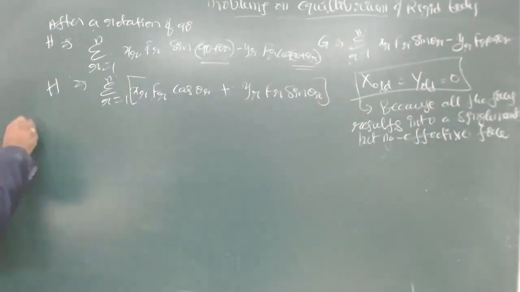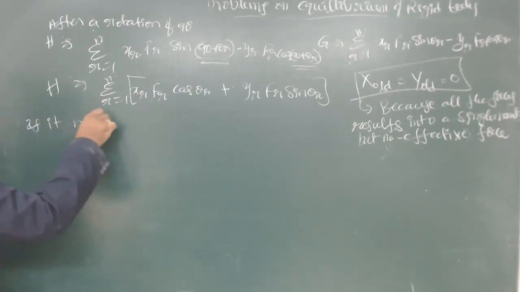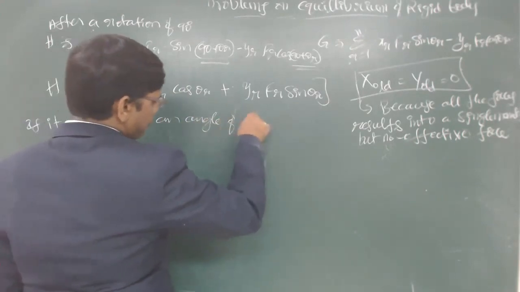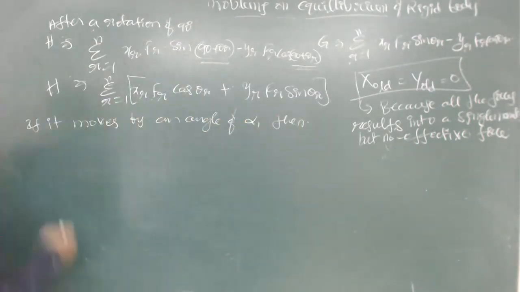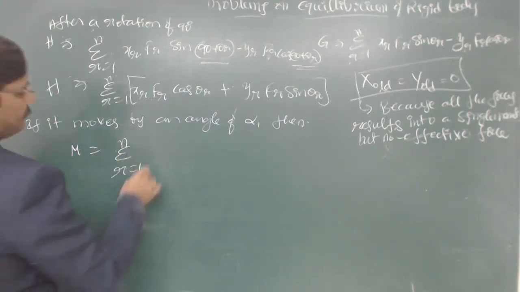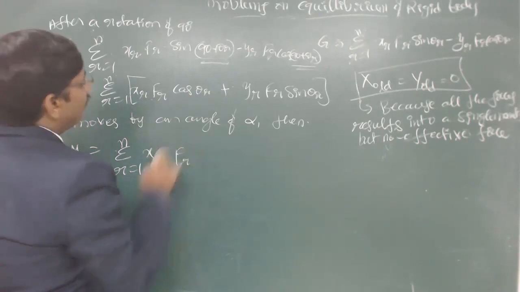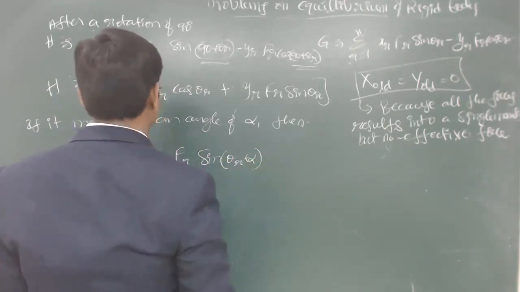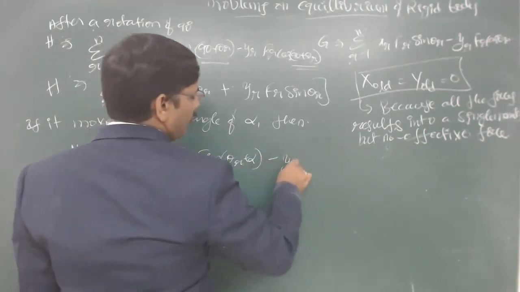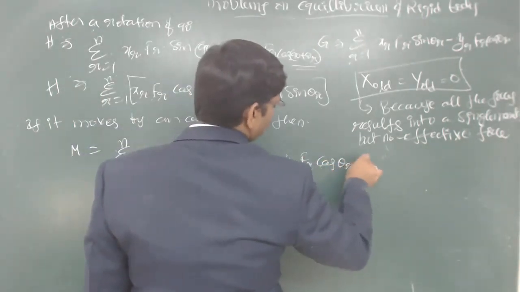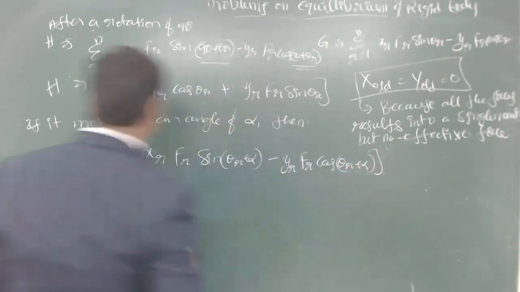So if it moves by an angle of alpha, then the resulting moment, I call this M, is equal to sigma r equals 1 to n, xr into fr sin(theta r plus alpha) minus yr into fr into cos(theta r plus alpha). So this is the resulting moment.